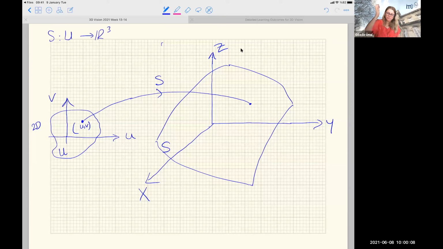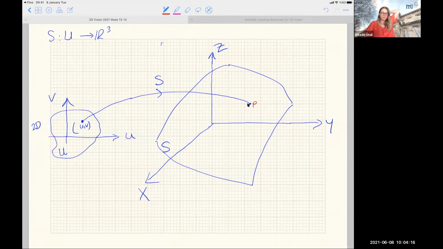So S is a mapping from this 2D UV parameterized piece of a plane, a 2D region, and we are mapping to, so this is really S(U,V). Let's say this is that point P, S(U,V), and that's equal to X(U,V), Y(U,V), because we are in 3D now, and Z(U,V) at that point P.